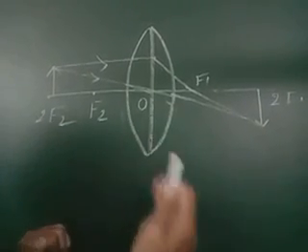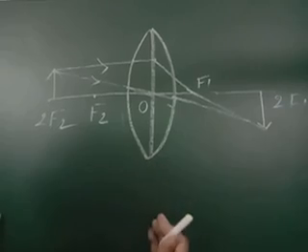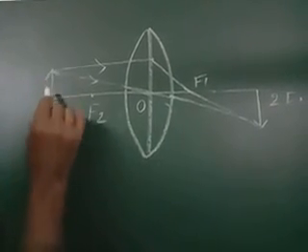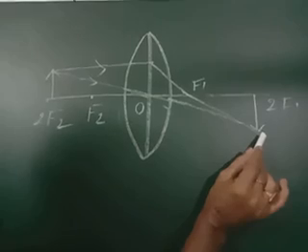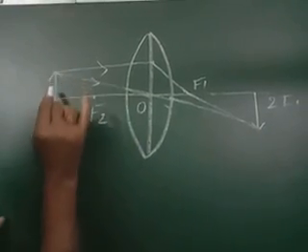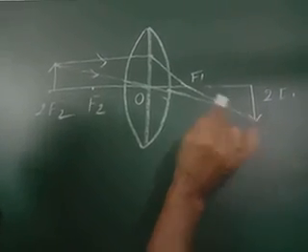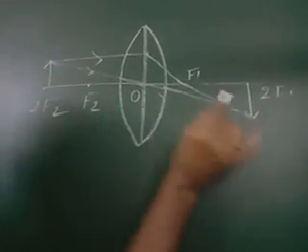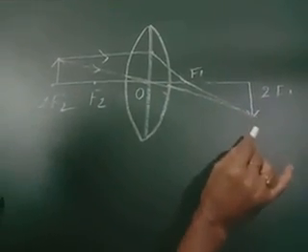Now if the question comes, draw a ray diagram in convex lens when the object is placed at 2f, then this is the ray diagram of convex lens when the object is placed at 2f. If the object is placed at 2f, the image will also be formed at 2f. Size of the object and size of the image will be the same. It is real and inverted.